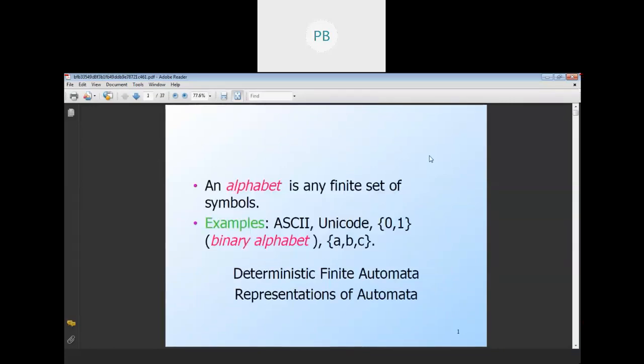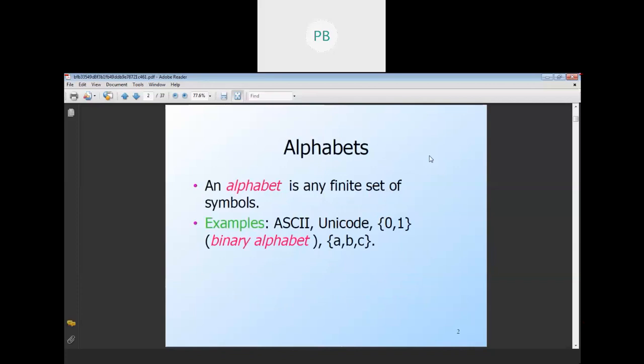Do you know the difference between all these things?